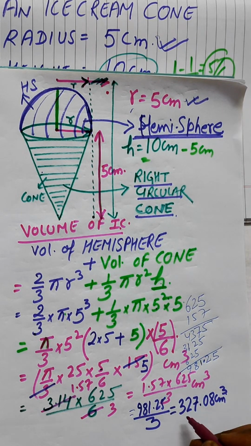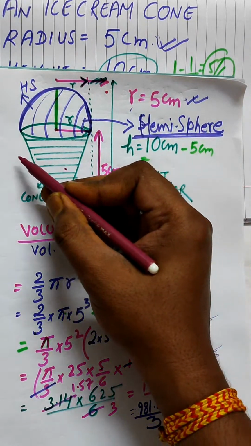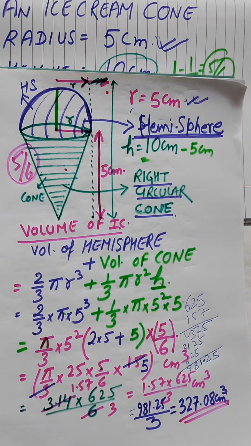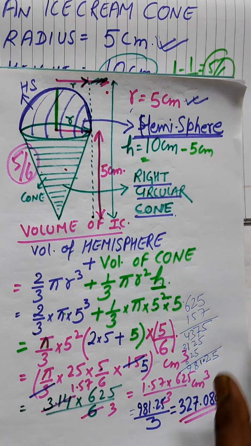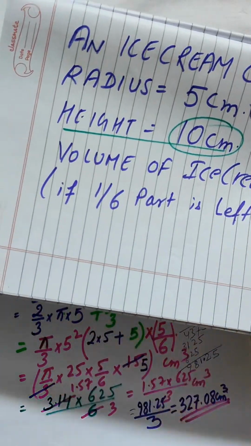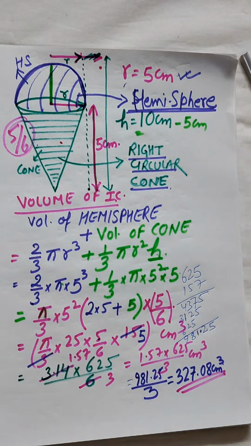This is the volume of ice cream, which is not full, it's only 5 by 6 portion that is provided to you, right? That is 1 by 6 is not given, it's left. You can see in the question, if 1 by 6 part is left unfilled, right? In this way, this is the answer where we arrived.